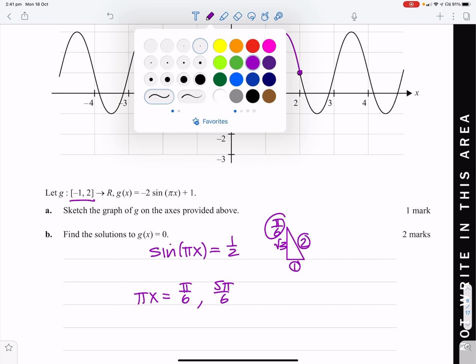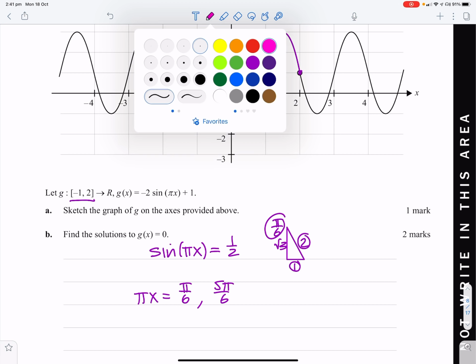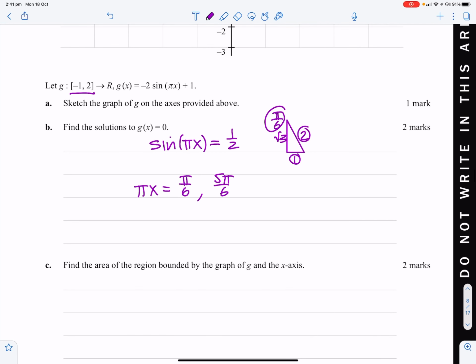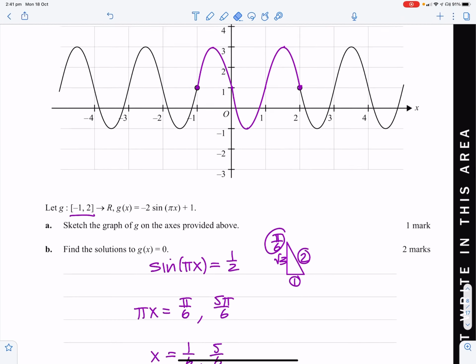You can see if we put a half, we would get two solutions, there and there. So if I divide through by pi, I get x is 1/6 or 5/6, which looks like it's about 1/6 and that's about 5/6.